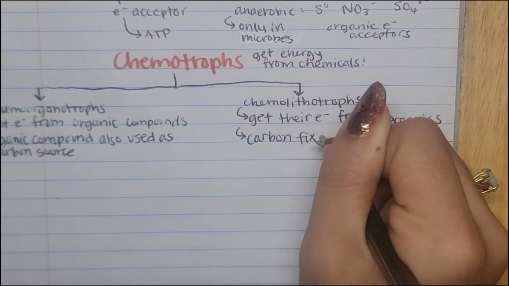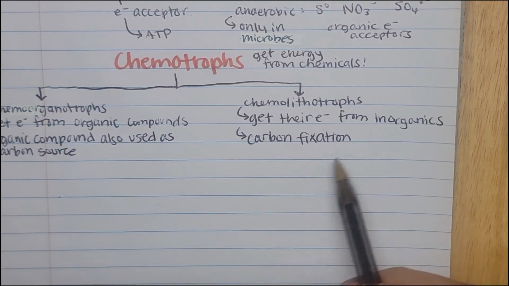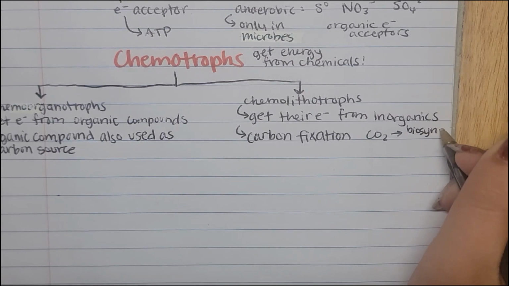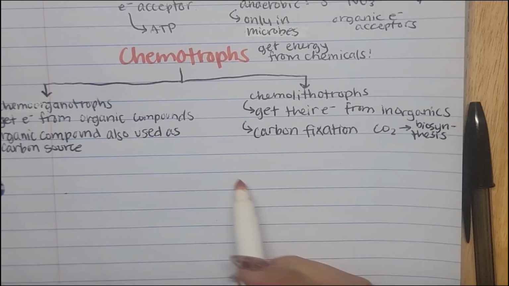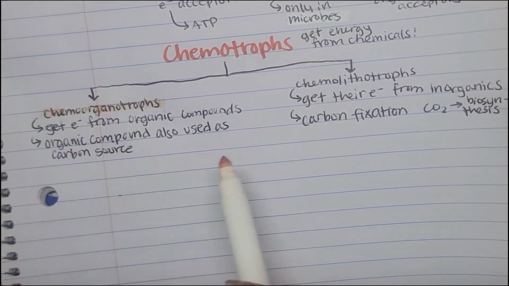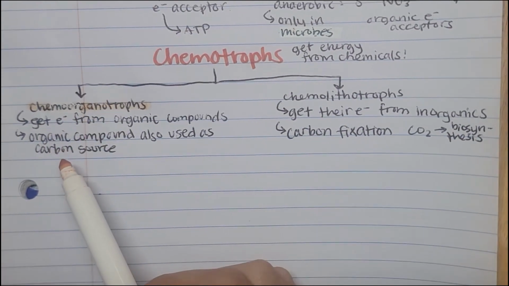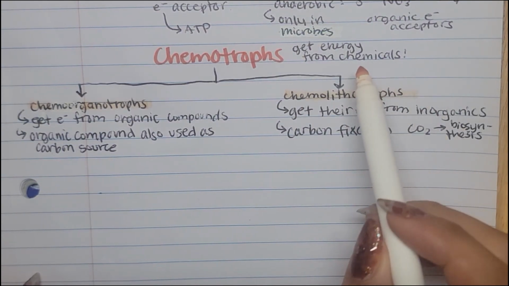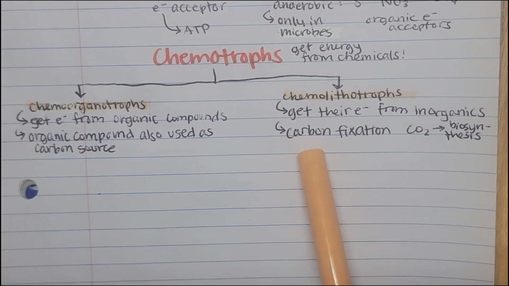Instead of just taking the carbon atoms from the thing that they're already breaking down like we do, they take CO2 from the atmosphere and do biosynthesis with that. So our two categories are chemoorganotrophs, who take their electrons, energy and carbon from organic chemicals, and chemolithotrophs, who get their energy from inorganic chemicals and their carbon from carbon fixation, atmospheric carbon.